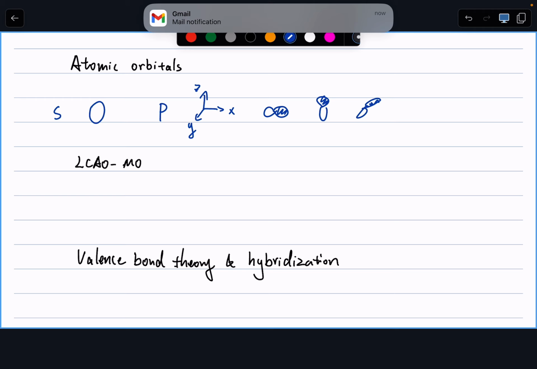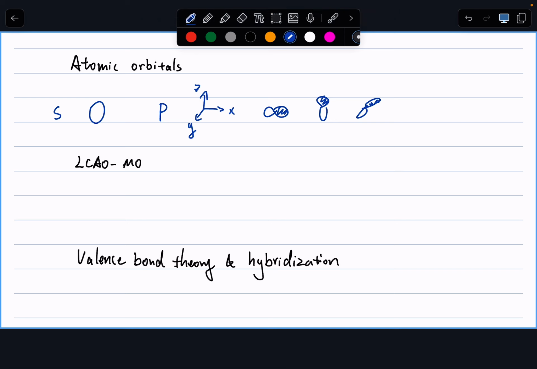We're saying we're making molecular orbitals by linear combination of these atomic orbitals, or in plain English, we're adding or subtracting the atomic orbitals from one another. You can imagine a constructive interference or destructive interference of the wave. So we have constructive or destructive.